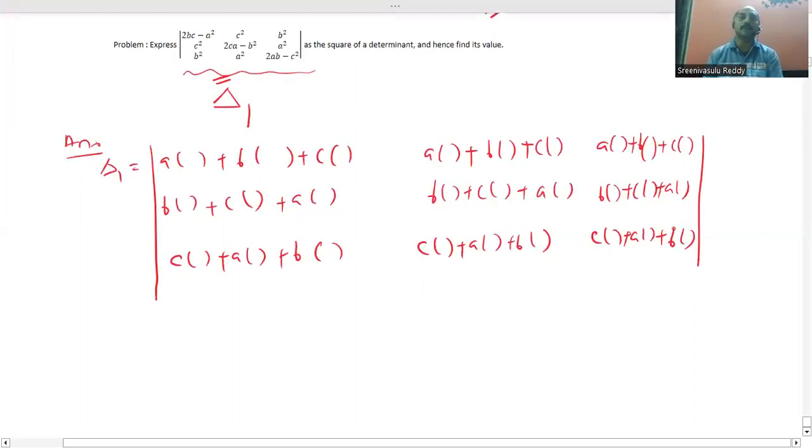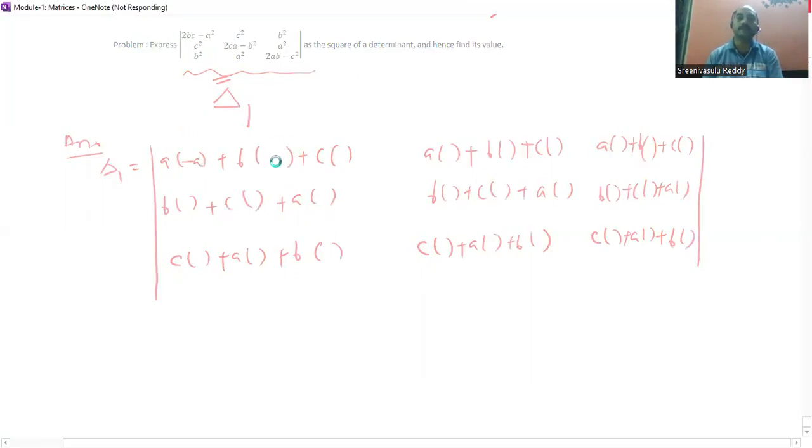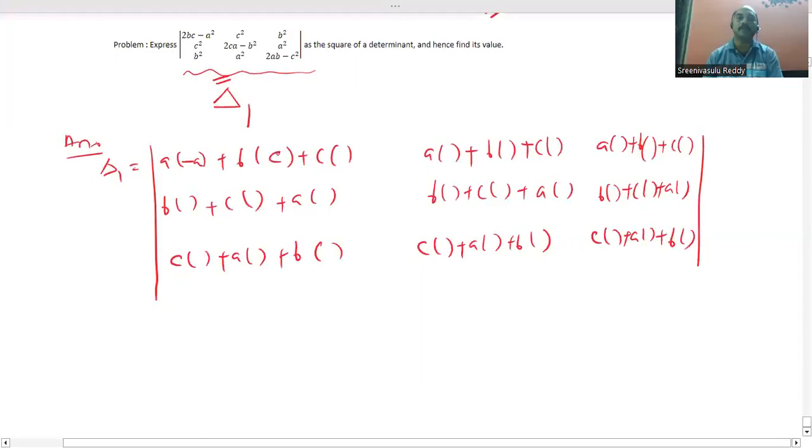What can anybody guess? In the first substitution, we have A square minus A square, so here we substitute minus A. In the second row, B C 2BC, so here substitute C. Here substitute B. Here A is not there, so we need to cancel.